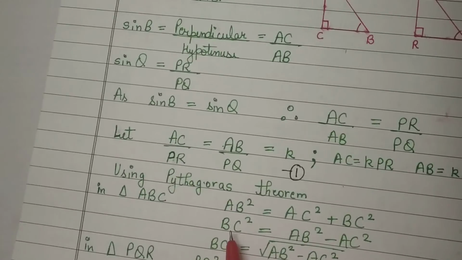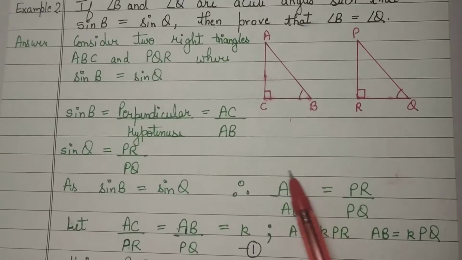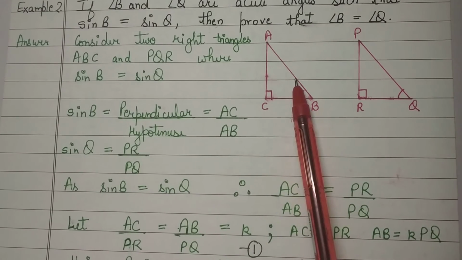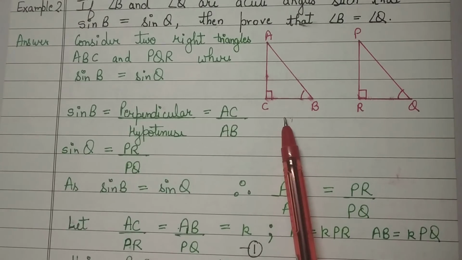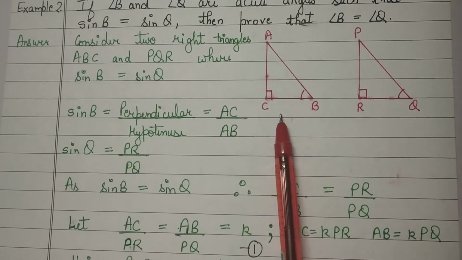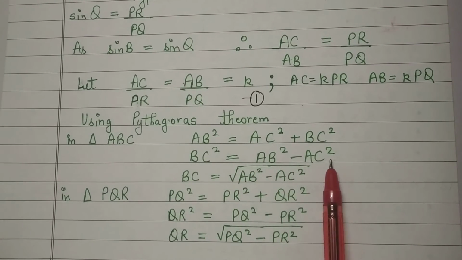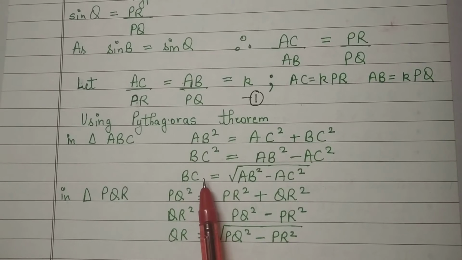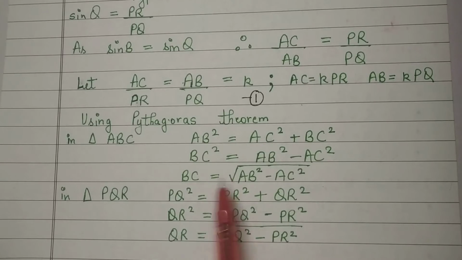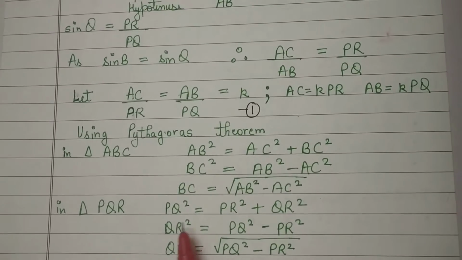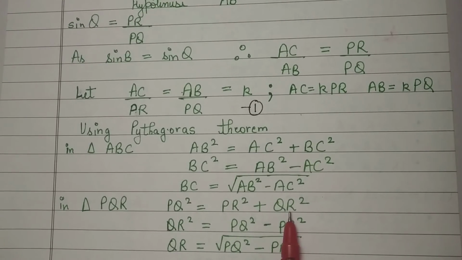Now applying the Pythagoras theorem, in triangle ABC, AB square hypotenuse square is equal to AC square perpendicular square plus base square BC square. I need to find this BC. So BC square is equal to AB square minus AC square, and removing the square, taking the root, BC is the root of AB square minus AC square. Similarly in PQR, I will apply Pythagoras theorem. PQ square is equal to PR square plus QR square.